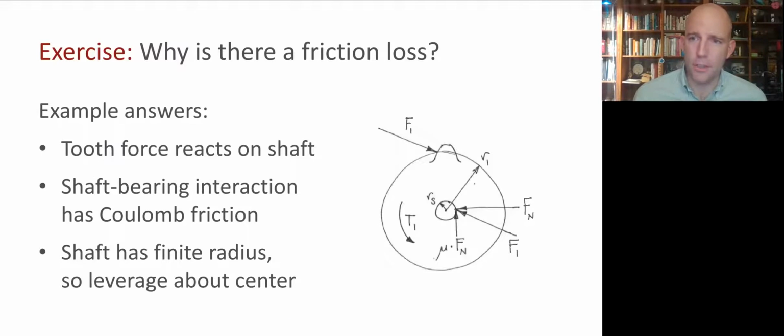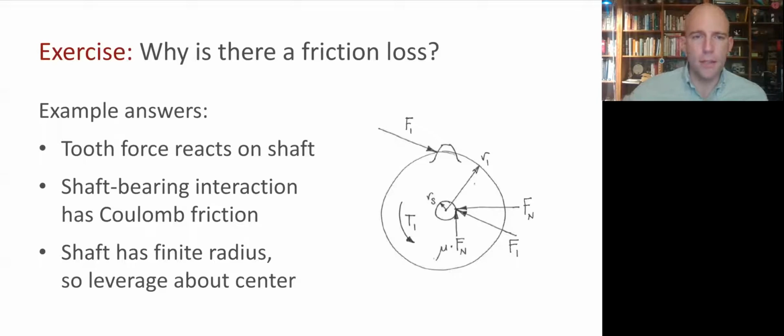Another reason that you could have given is that there's some friction at the supporting shaft. So if we have this tooth force, we need an equal and opposite shaft force onto the gear, or force from a bearing onto the shaft supporting the gear. And where we have a normal force, we can again get a friction force.